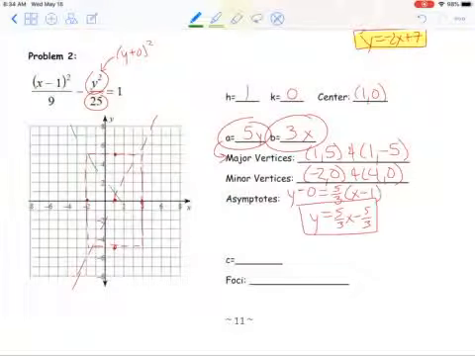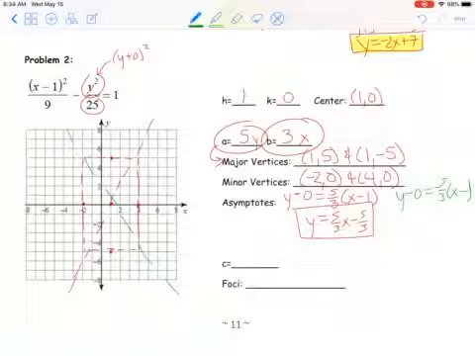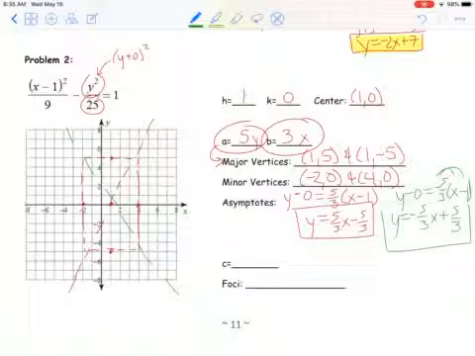The other one here, I get y minus 0 equals negative 5/3 x minus h. Oops, I'm running out of room there. So I get y equals negative 5/3 x plus 5/3 when I distribute this. So not too bad to get the asymptotes.